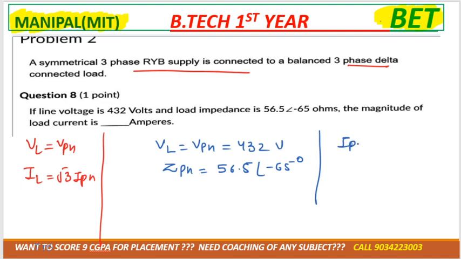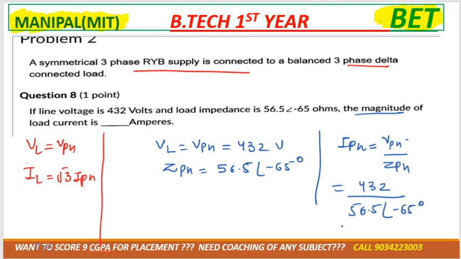We need to calculate IPH, the magnitude of the load current, right? So that is VPH divided by ZPH. VPH is 432, ZPH is 56.5 angle minus 65 degree. You can solve it and then you will get the answer, right?